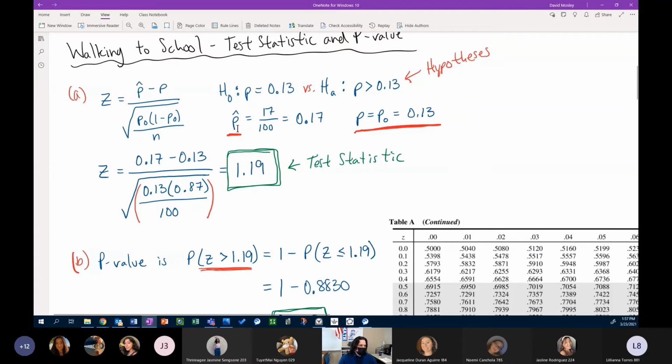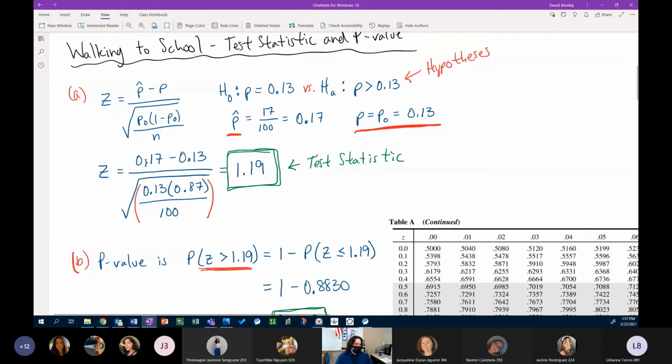Our sample proportion p hat is 17 out of 100, which is 0.17. P is equal to p sub 0, which is 0.13. So we now have everything we need to find our test statistic.